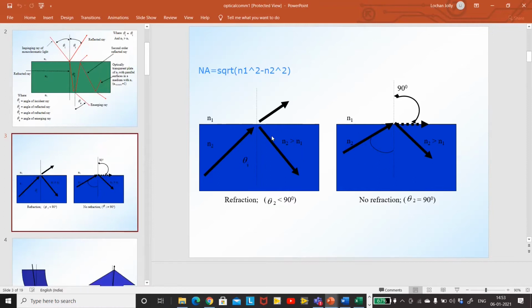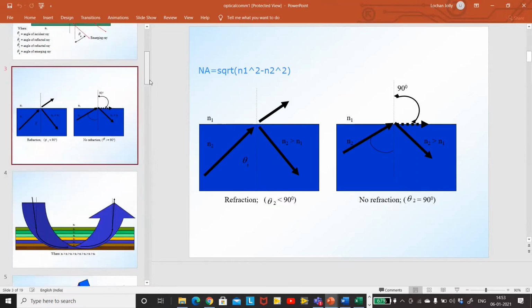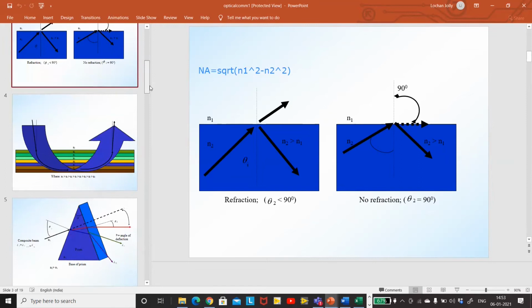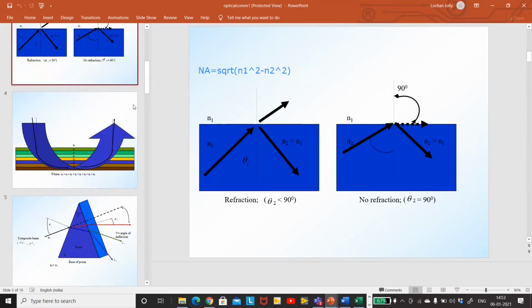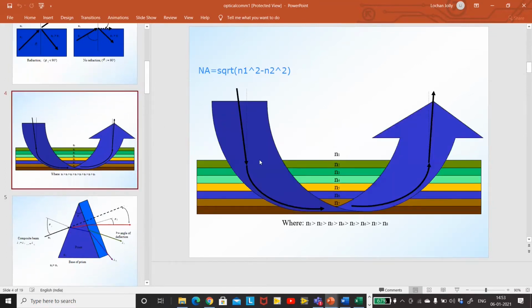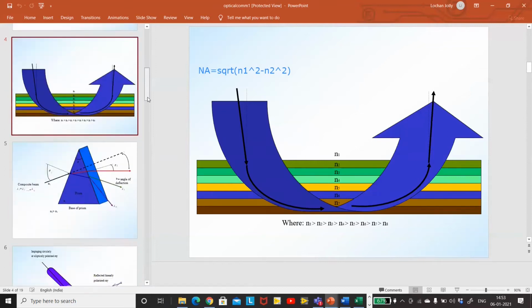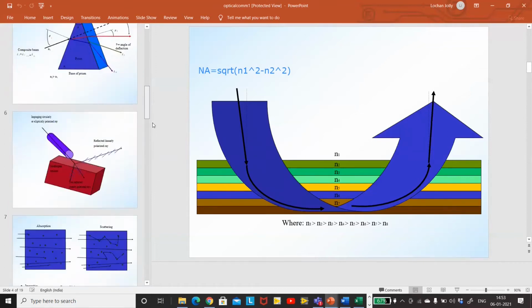N2 is denser than N1. Now, this fiber has one disadvantage of larger dispersion. To overcome this, one special type of fiber is the graded index fiber, where you have multiple layers of changing refractive index giving you minimum dispersion.